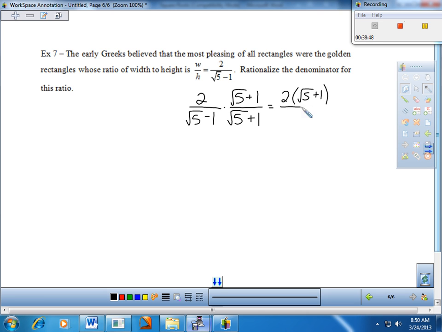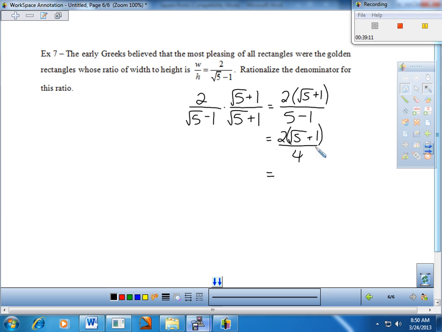I'm going to leave it like that just for a moment. And in the denominator would be root 5 times root 5, so that's 5. Outside, inside, cancel. Negative 1 times 1 is negative 1. Okay, look at that. So I get 2 root 5 plus 1 over 4.